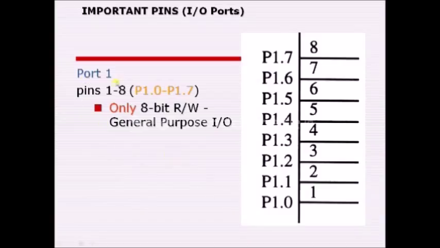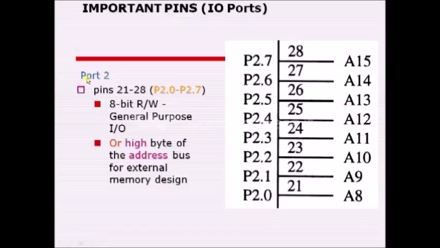Now let us see the next port, that is port 1. It is again having 8 pins, P1.0 to P1.7, and these are also called multiple functionality ports. Why? Because these pins can be used as input as well as output. Now we have port 2.